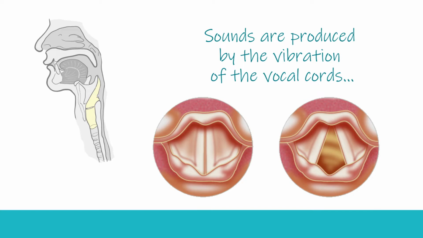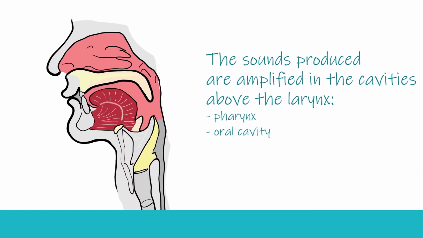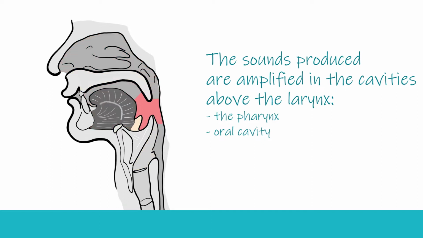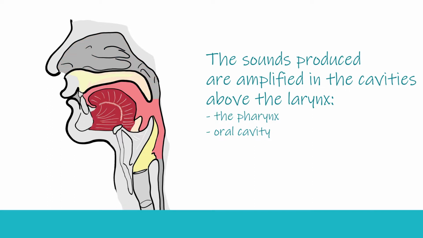The same happens in our speech organs. The sound after the vocal folds is amplified in the cavities above the larynx. The larynx is the voice box, where the vocal folds are. These cavities are the pharynx and the oral cavity. These are examples of the cavities that amplify speech sounds.